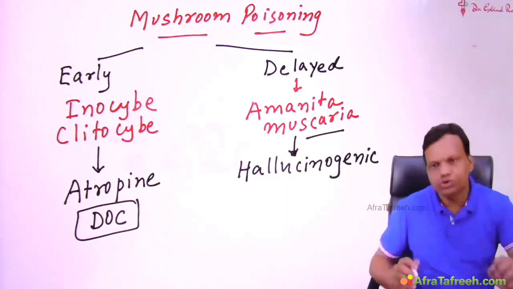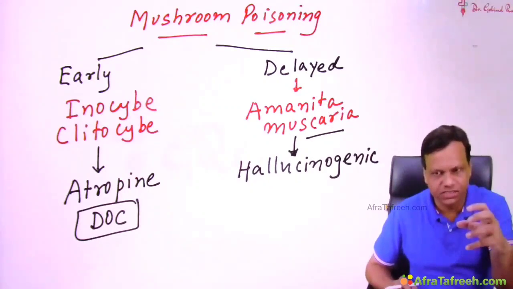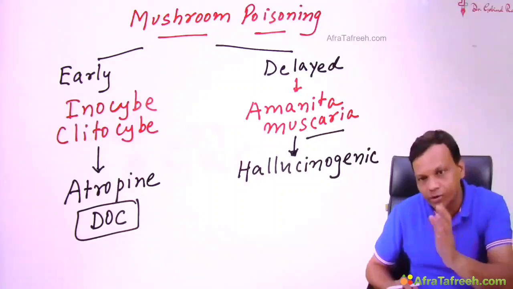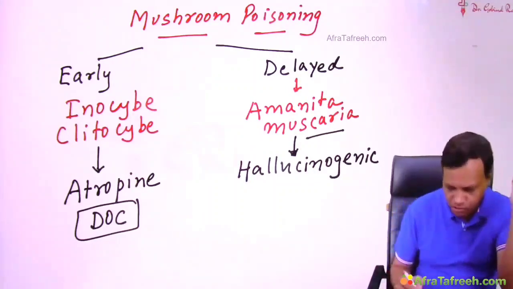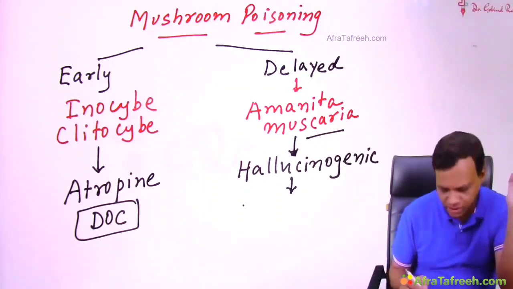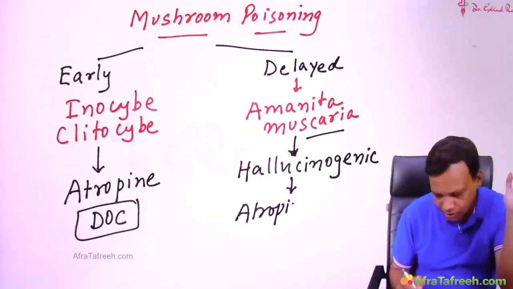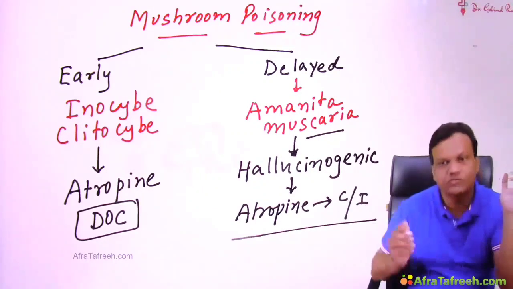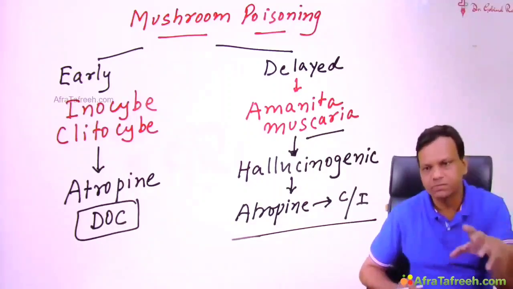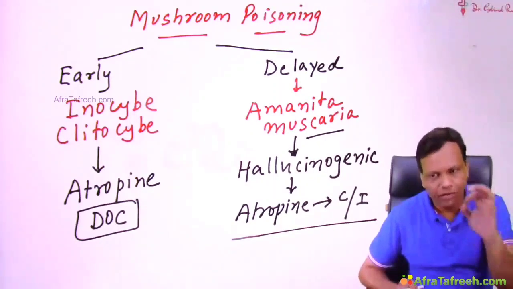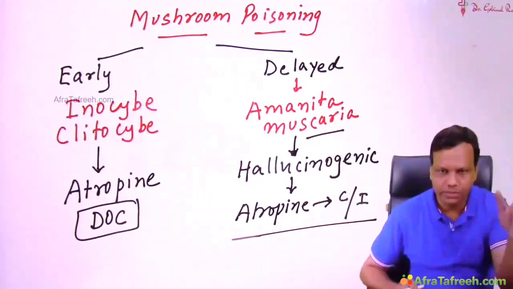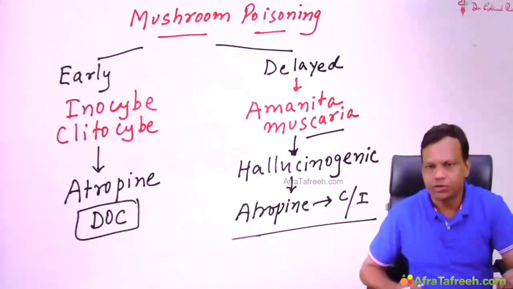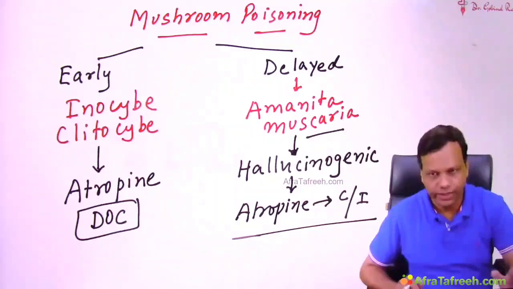Here the anticholinergic substances are causing these symptoms, so symptoms are similar to atropine poisoning. Very important to remember, for delayed mushroom poisoning, atropine is contraindicated. The management is purely symptomatic. So early mushroom poisoning, atropine is the drug of choice. Delayed mushroom poisoning, atropine is contraindicated. Clear?